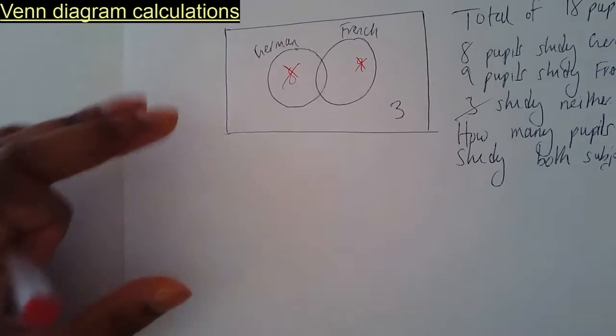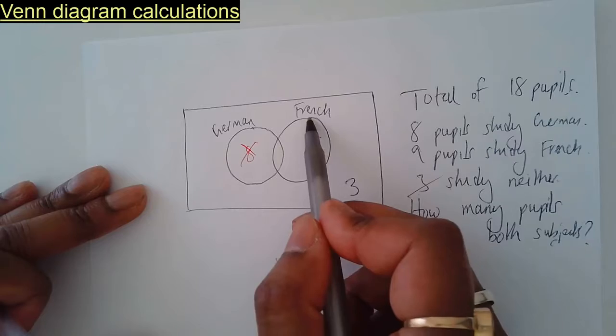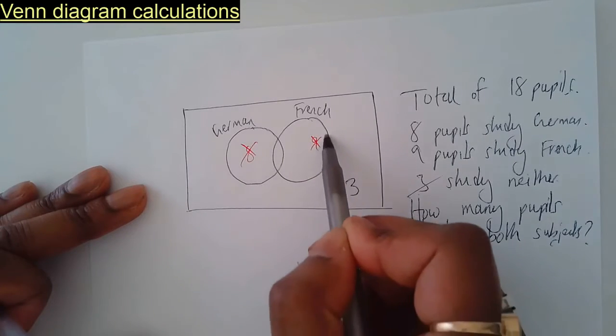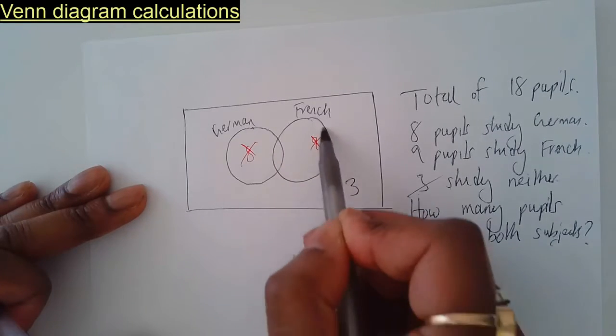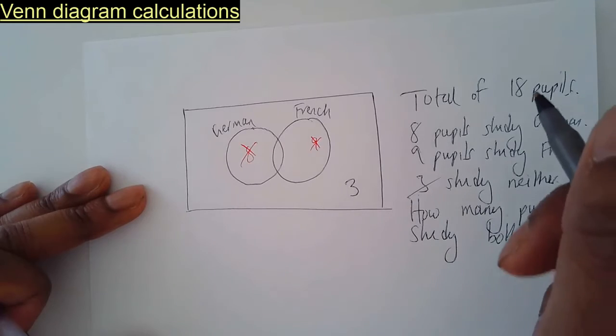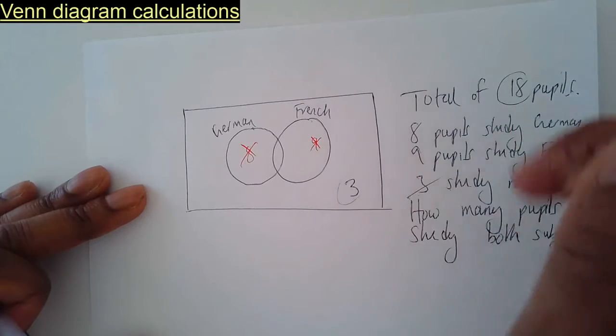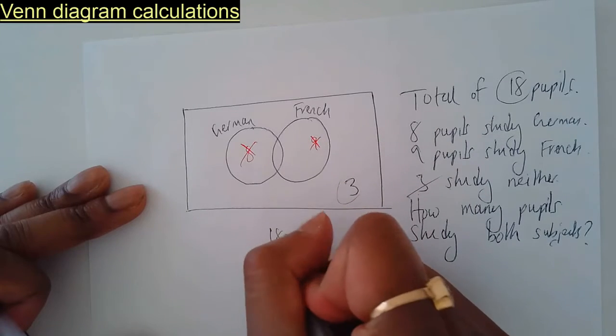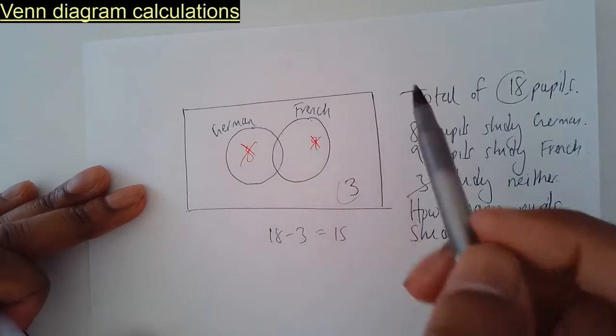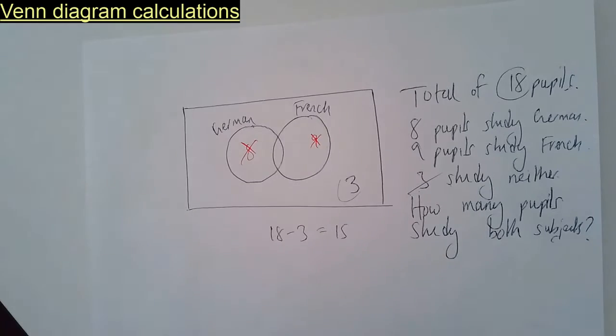What I do know is that there are 15 pupils represented within the circles. 15 pupils, I know that because 18 take away 3 leaves you with 15. So 15 pupils study a subject, or both subjects.